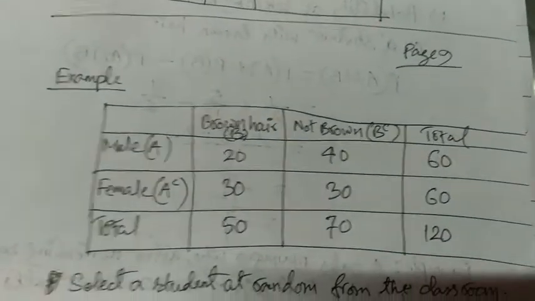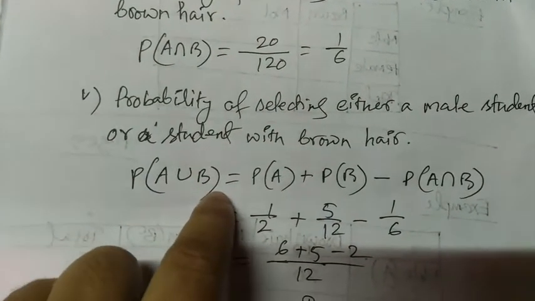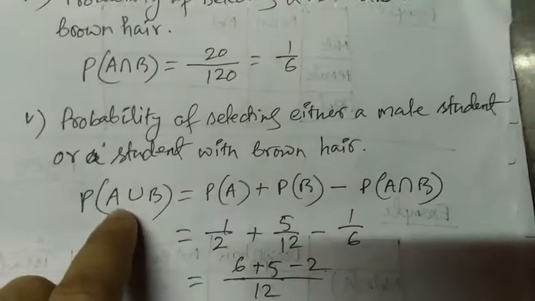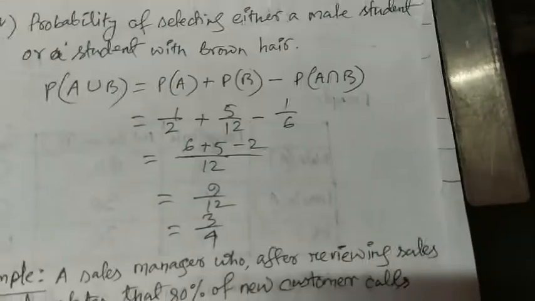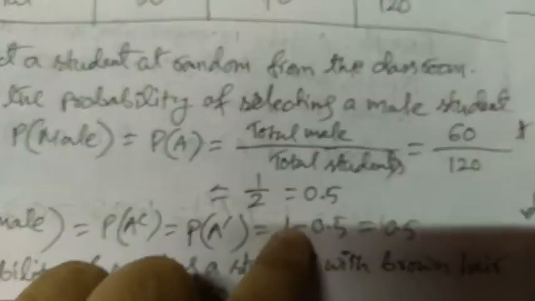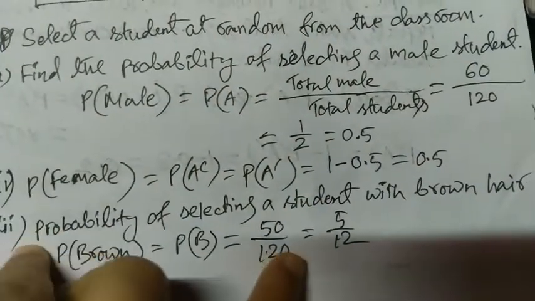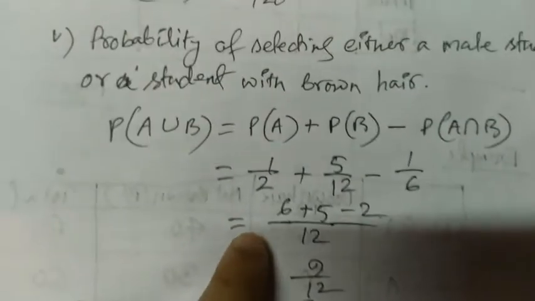So that means we need to find out the probability of A union B. The formula is probability of A plus probability of B minus probability of A intersection B. That means common part. So probability of A we have already calculated. Probability of A is 0.5, half.